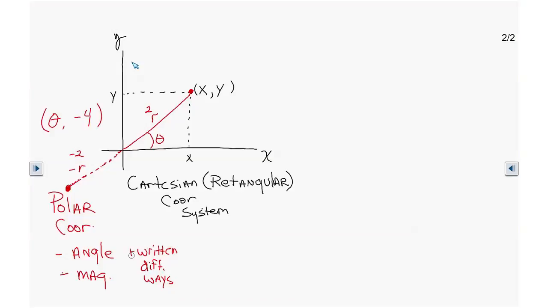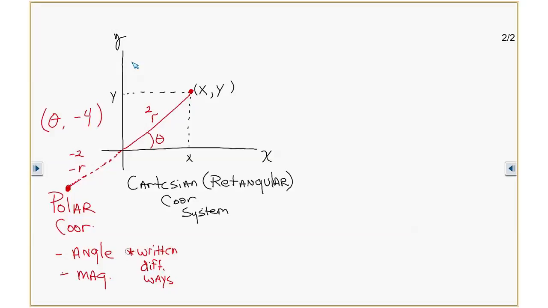That's one of the things I'd like for you to kind of highlight, because with the negative and the theta, you can write them different ways. I hope I've got it in here. Okay, so I've got 3 examples, kind of refresh your memory. One is 1, comma, pi over 2.